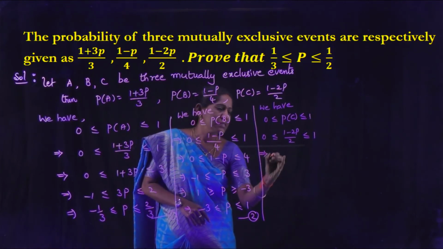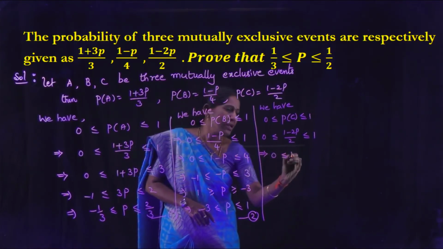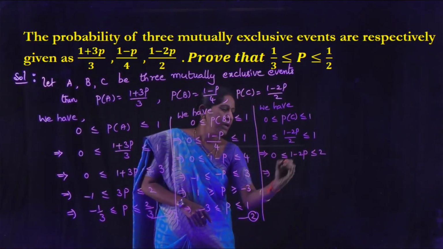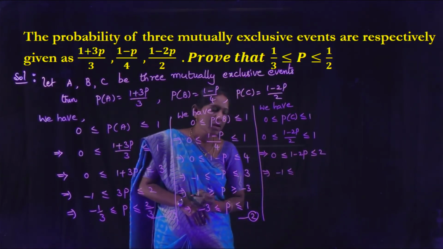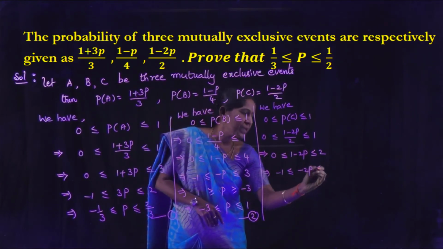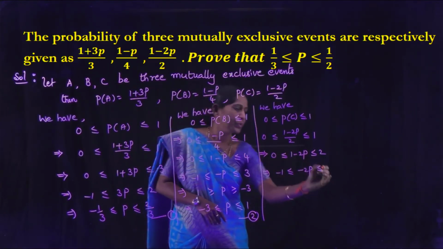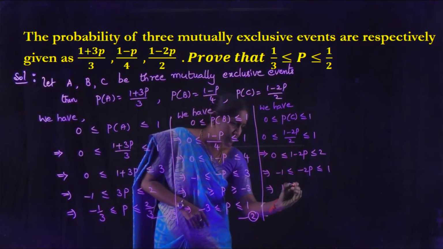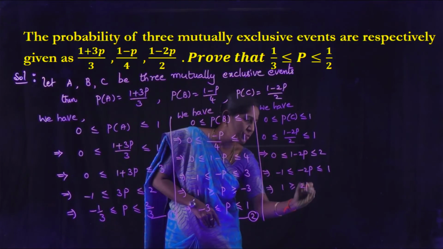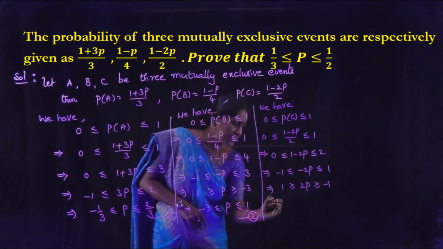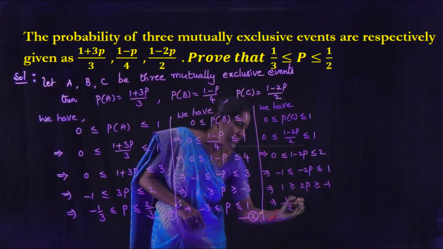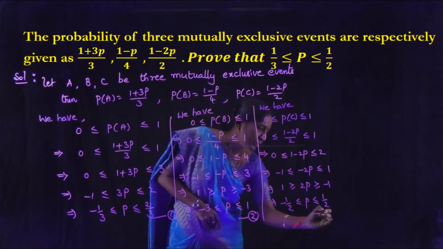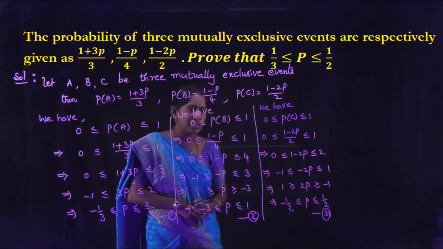So this implies 0 less than or equal to 1 minus 2p less than or equal to 2, that is minus 1 less than or equal to minus 2p less than or equal to 1. This implies, multiplying with minus, 1 greater than or equal to 2p greater than or equal to minus 1. This is nothing but minus 1 by 2 less than or equal to p less than or equal to 1 by 2. Take it as equation 3.